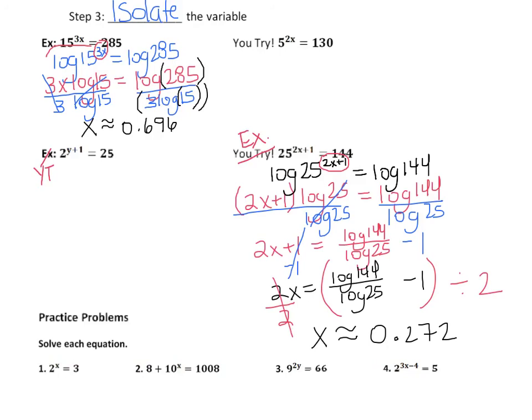All right, so the first You Try, x is approximately 1.512. In the second You Try, y is approximately 3.644.